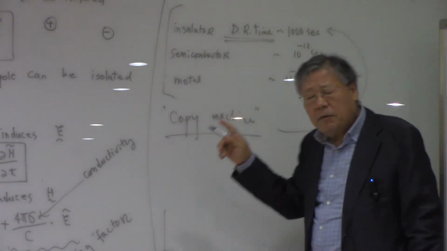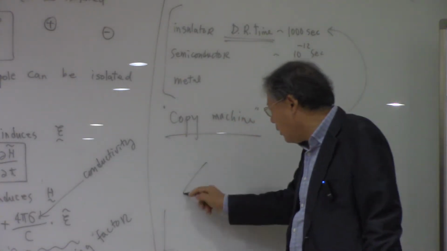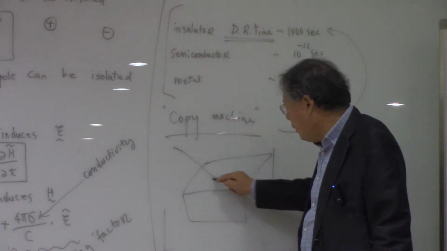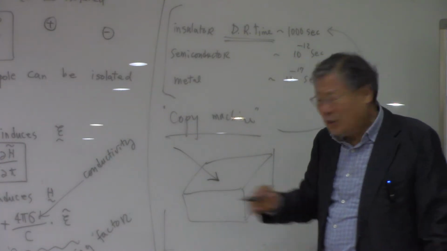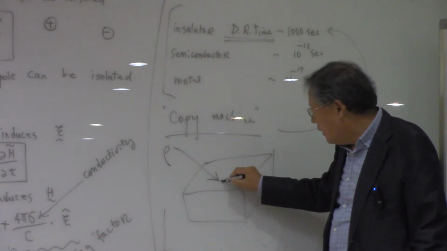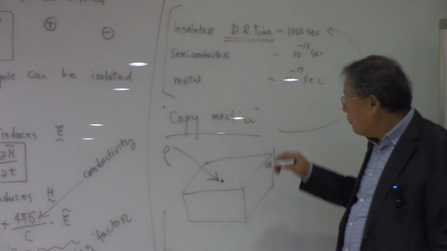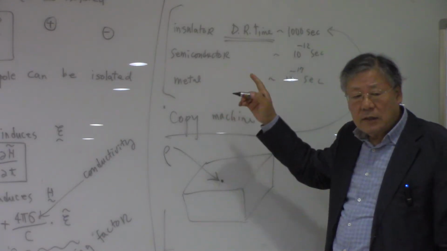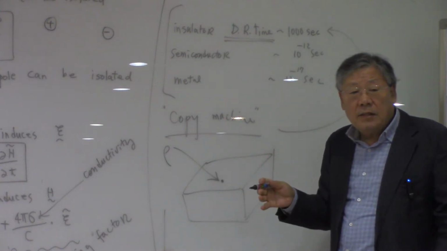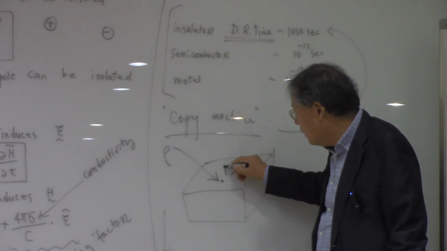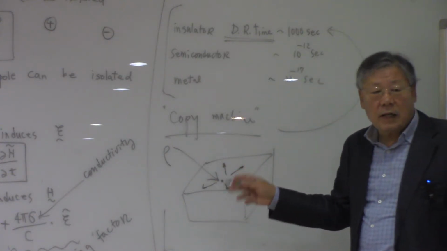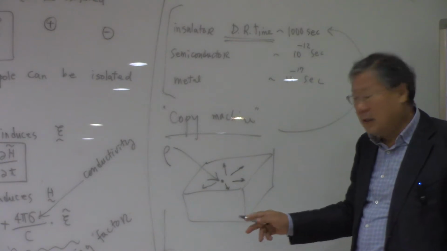Dielectric relaxation time, in the physical sense, is nothing but, when you have a solid like here and you insert charges into this material locally, the time necessary for them to spread out into the material. That is the dielectric relaxation time, right?